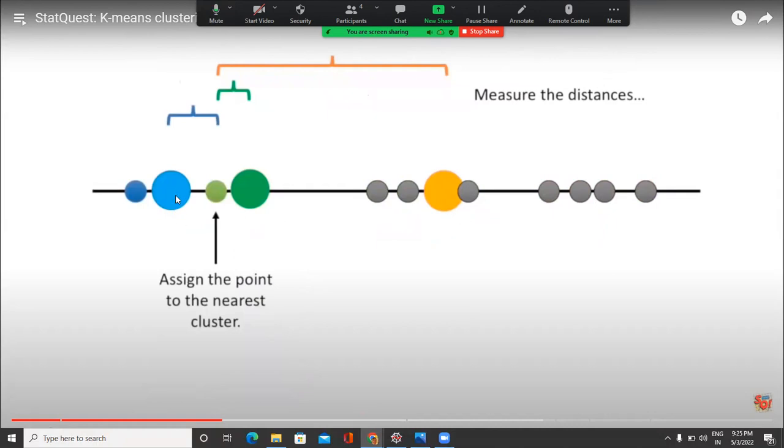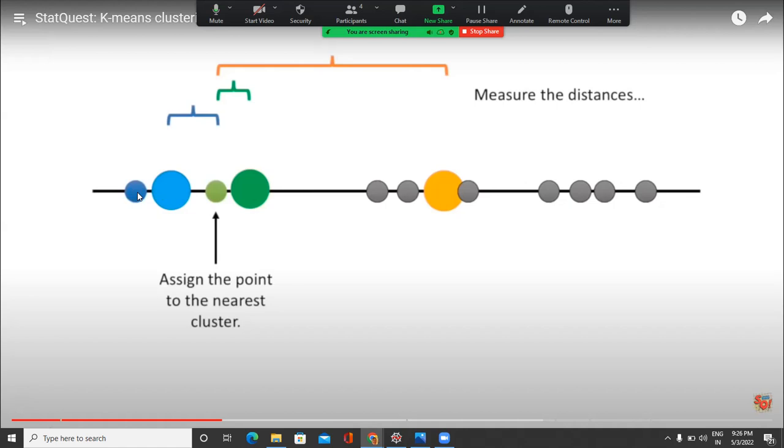So in the first iteration, randomly 3 points, these big circles are points. For simplicity, all the data is considered on a line, lying on a line. So these 3 initial points, the bigger circles, are chosen. Then from those points, the distance of each of the data. These smaller circles are data points.